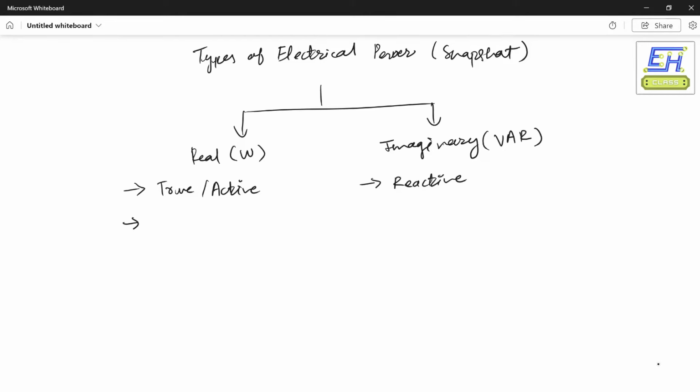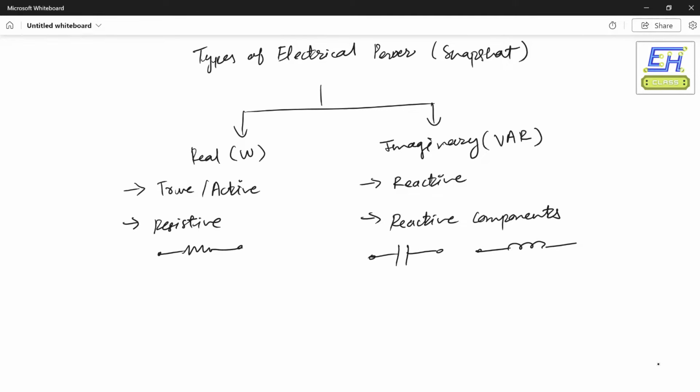Real power is absorbed by resistive components, or resistive load, like a resistor. And in imaginary power, we have reactive components that contribute to this, reactive components like capacitor and inductor, right?